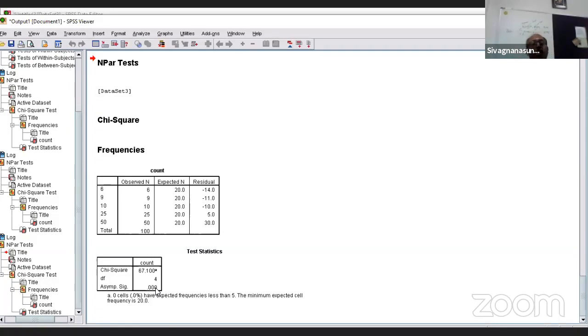The gradings are not equal, because the grading should be equal as per the frequency expected. But the observed frequency is not matching the expected frequency. So the null hypothesis is getting rejected. There is a difference in the frequencies. In a sense, the grades are not equal. That's the conclusion.